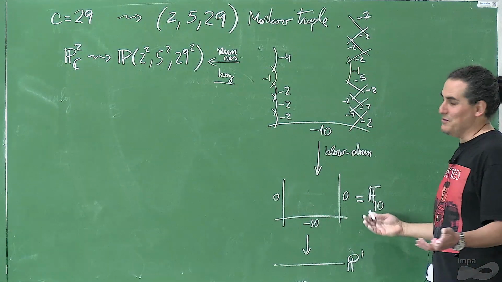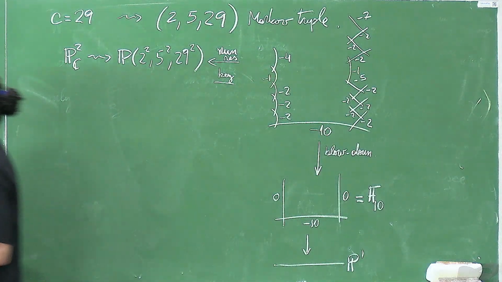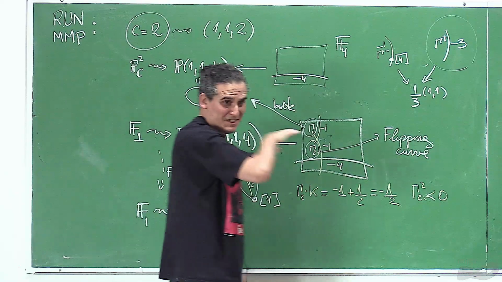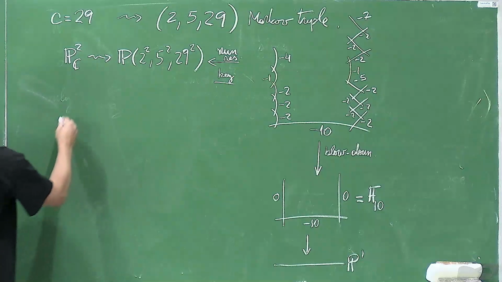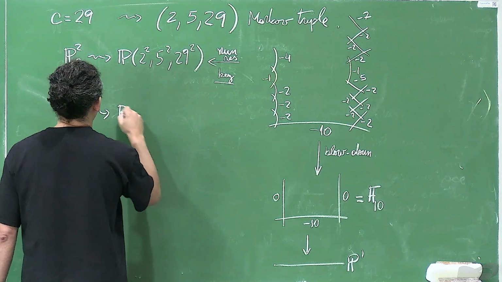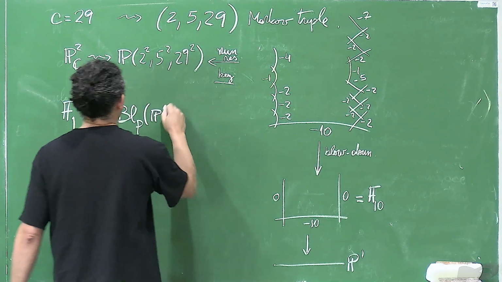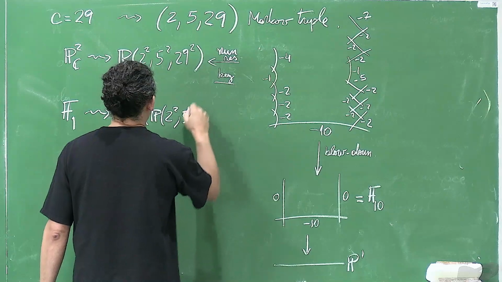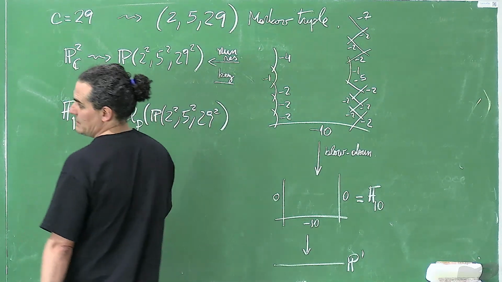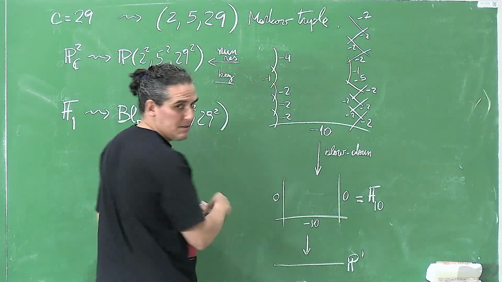And so you do the same. Before, the trick was to blow up a general point on the degeneration. Here it is going to be the same. You have F1 going to the blow-up at a point of this. And what you see, maybe let me use this same picture.